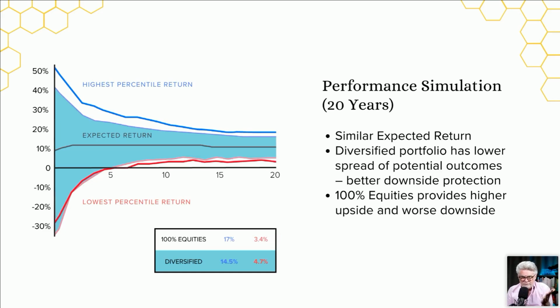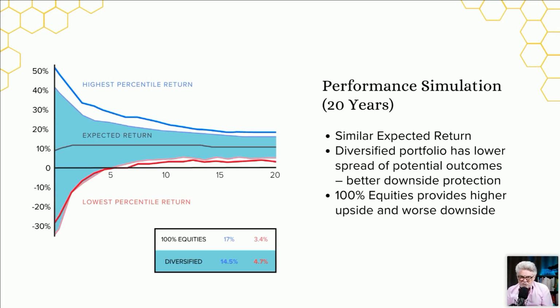With our diversified portfolio, you lose a little bit on the top end. You give up a bit of return, but you pick it up on the bottom end. And over time, as you get more and more years in the mix, you tend to close the gap around the expected return, the expected return being the median return, the 50%.